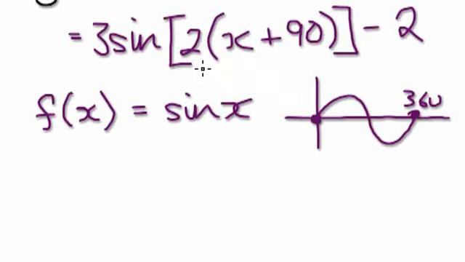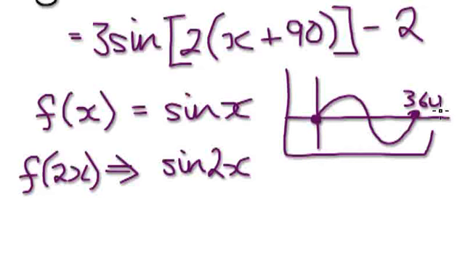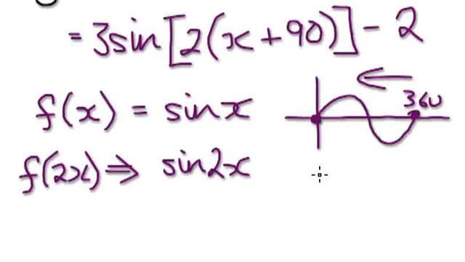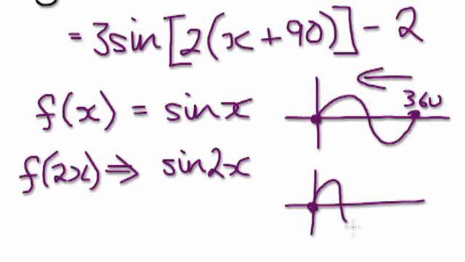Our first transformation is to sort out this 2 here, so our first transformation would be f of 2x. That would give us sine 2x. Sine 2x would be exactly the same as this, but the period is halved. It's being squashed inwards. So when you sketch this, it will look like this. Same thing, but this here is 180.